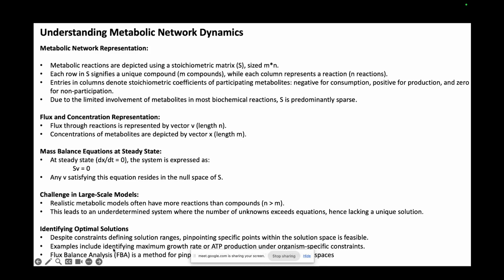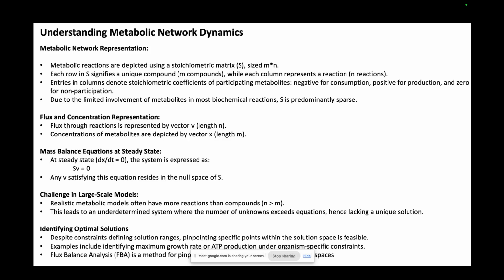This leads to an undetermined system where the number of unknowns exceeds the number of equations, hence lacking a solution. If you model all these reactions, the number of equations formed will be proportional to the number of reactions that you have. If you have a high number of reactions, you have a high number of equations, but the number of compounds is much lower.